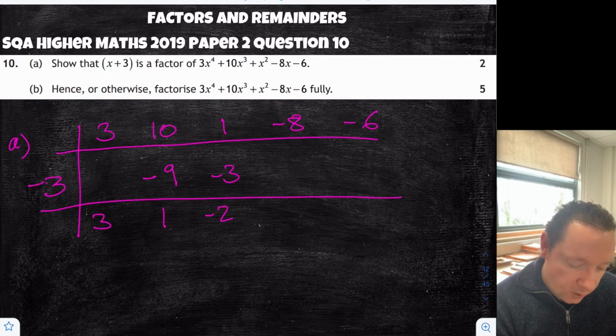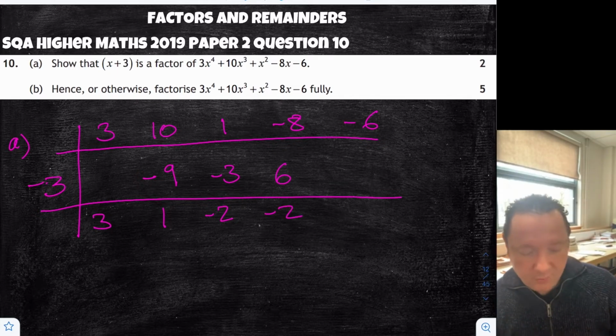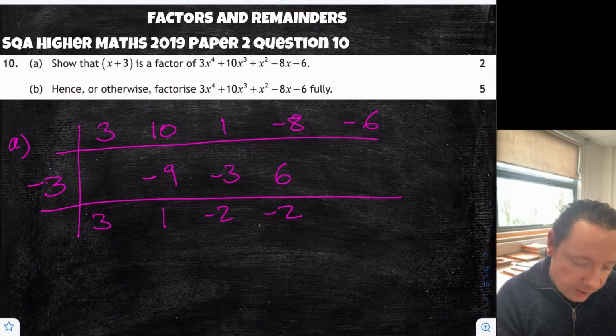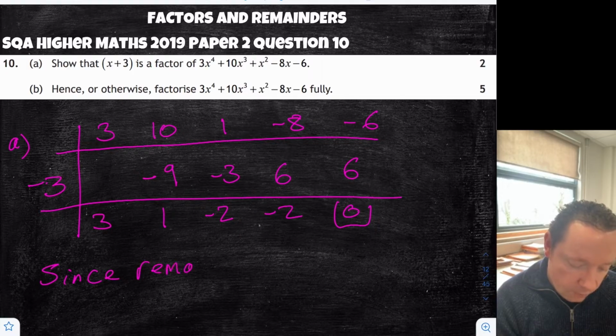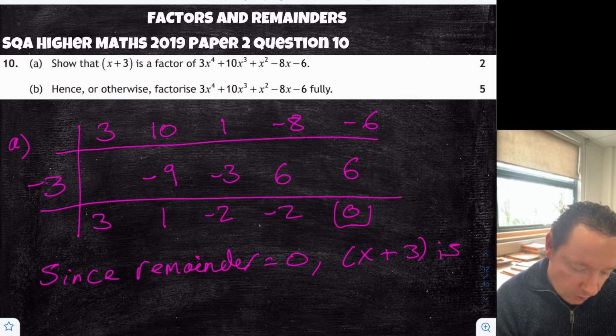Minus 2 times minus 3 is 6, 6 minus 8 is minus 2. Minus 2 times minus 3 is 6, 6 minus 6 is 0, and therefore since the remainder equals 0, x plus 3 is a factor.